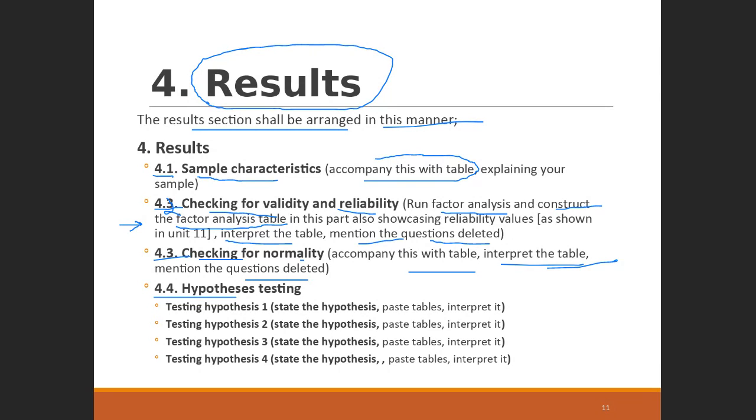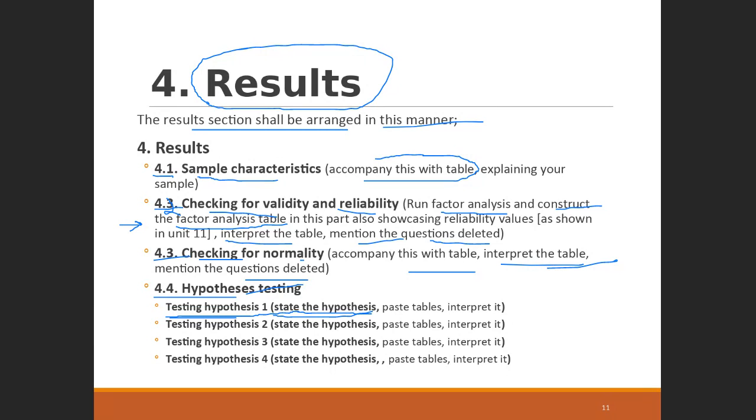So then comes the section 4.4, a very, very important section of your research report, hypothesis testing. So you need to make a very obvious heading, a small subheading. The name of the heading would be testing hypothesis one. State your hypothesis there.